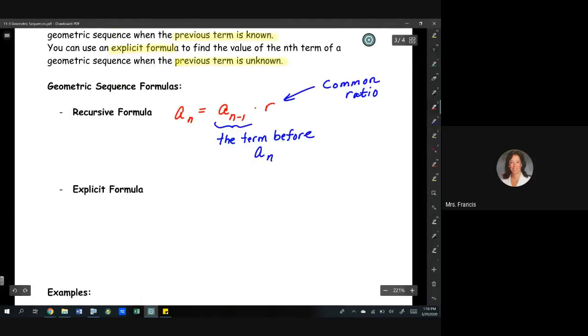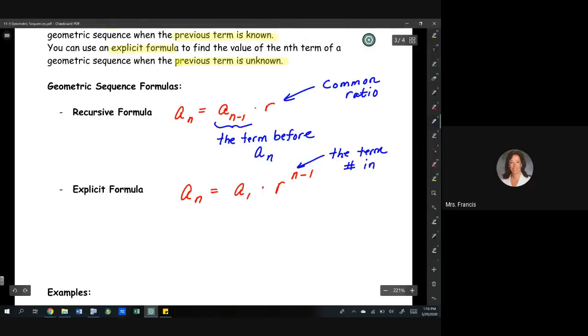The explicit formula: a sub n equals a sub 1 times r to the n minus 1. Now, n is the value, what value are we at in the sequence? So I'm going to just write here the term number in the sequence.